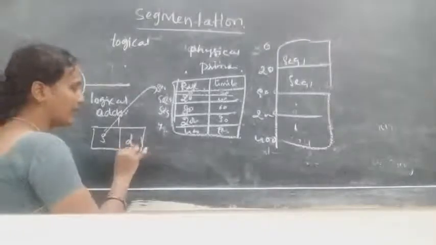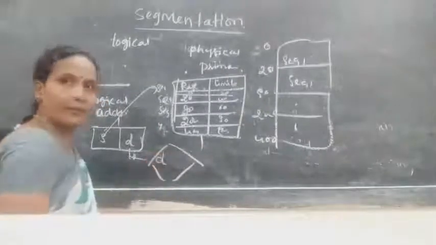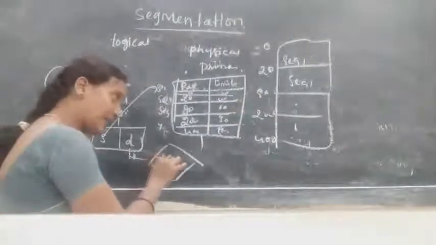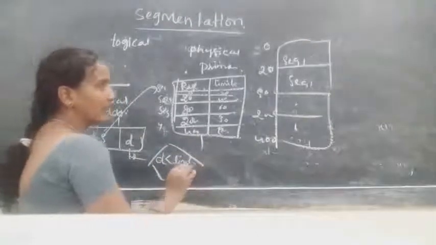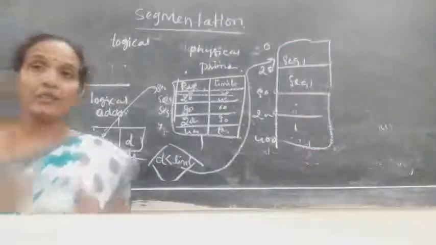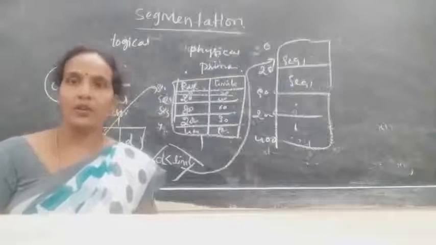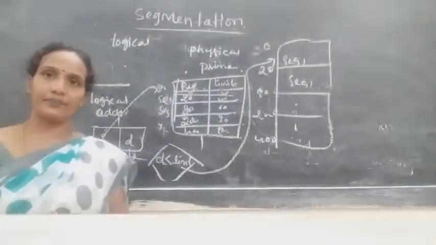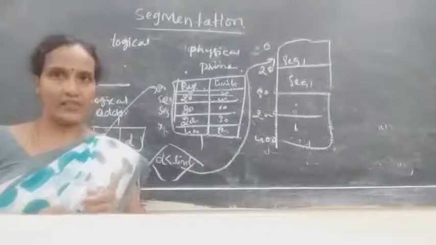So what happens here? It will check: if D is less than the limit, then the content can be read from the memory. Otherwise, it will generate an error. Understood all of you? Whenever the CPU wants to read content, it will generate the logical address.